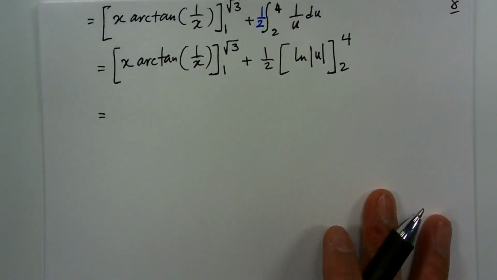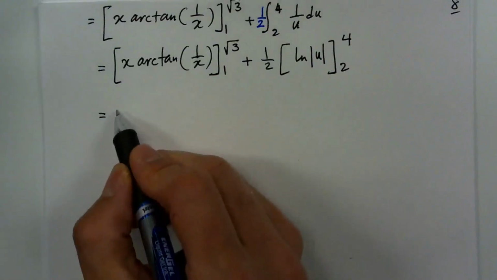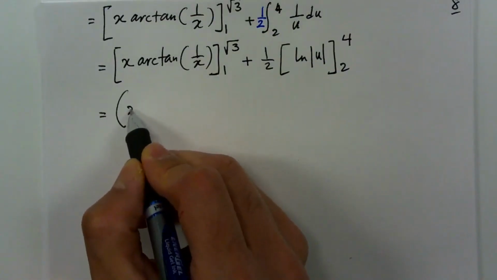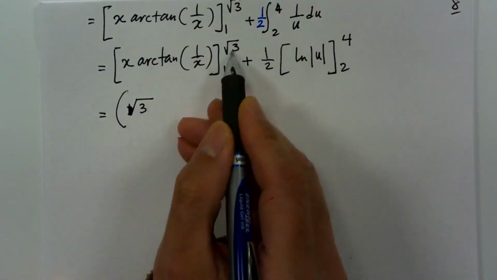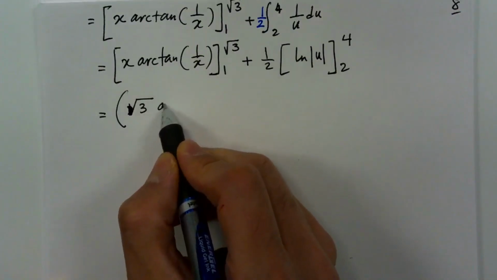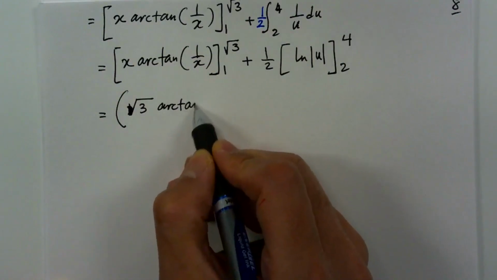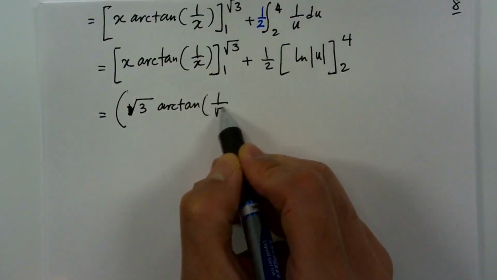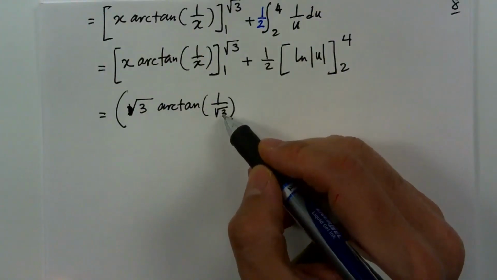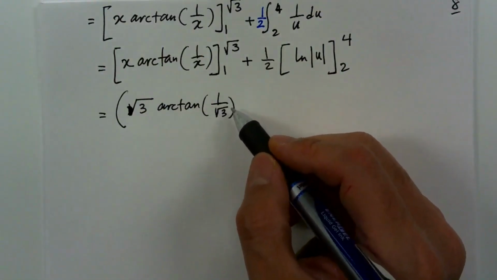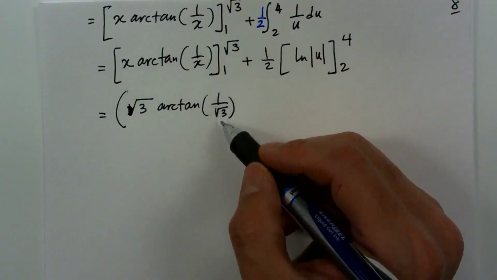So in one piece we have square root of 3 arc tangent of 1 over square root of 3. I'm sure you recognize this 1 over square root of 3. If you rationalize the denominator, it's square root of 3 over 3.